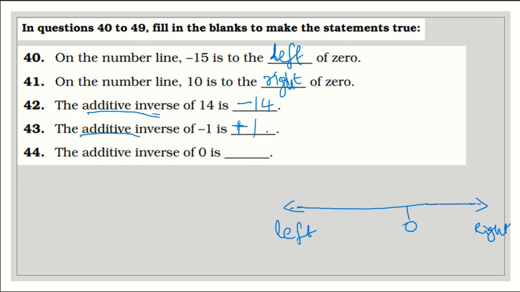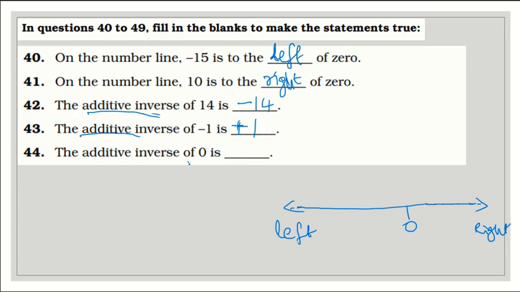So additive inverse of a positive integer is negative, and additive inverse of a negative integer is positive. And for 14, minus 14 is the additive inverse. For minus 1, the additive inverse is plus 1.